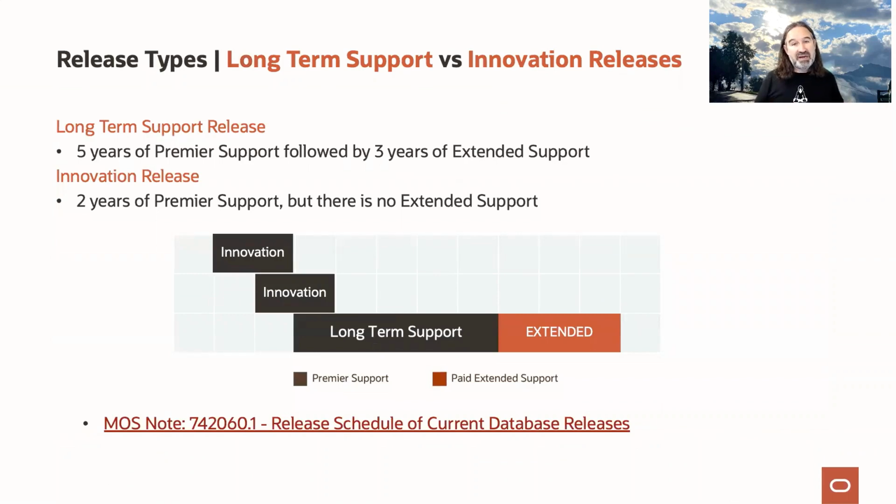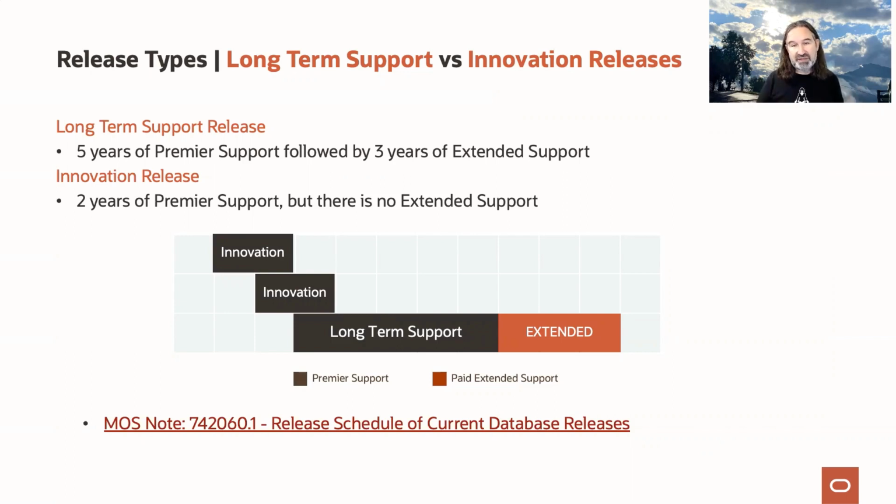We have now made a clear distinction between long-term support and innovation releases. So long-term support release, for instance, is 19c. That means 19c has at least 5 years of premier support. So the black bar on the slide, 5 years at least, plus at least an additional 3 years of extended support. Extra paid.